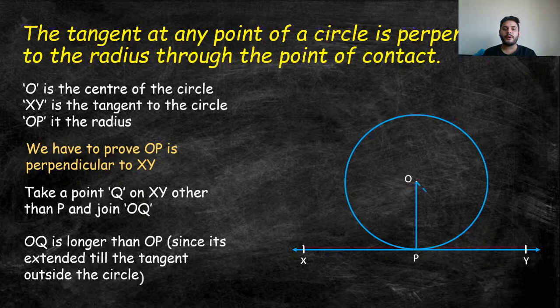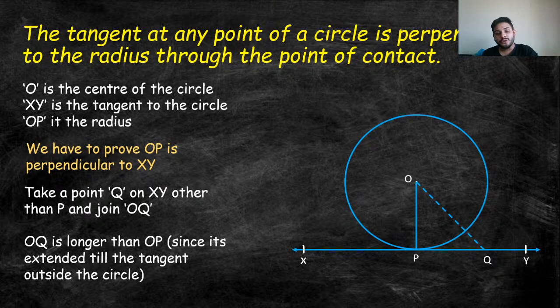Now Q is a point on the tangent which is outside the circle. So practically and logically speaking, the length of OQ will be greater than OP, since OP only goes till the edge of the circle, whereas Q is outside the edge of the circle.